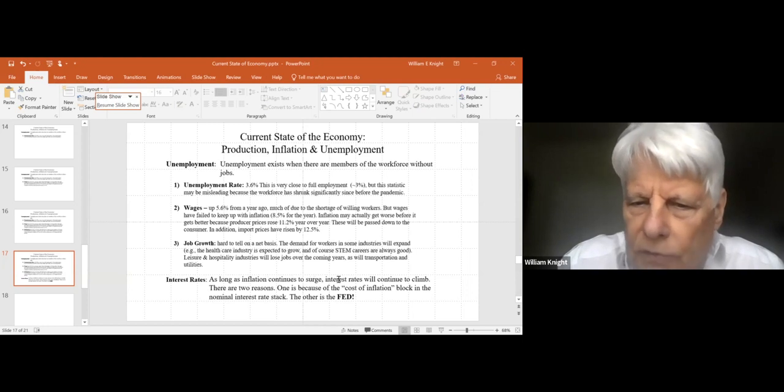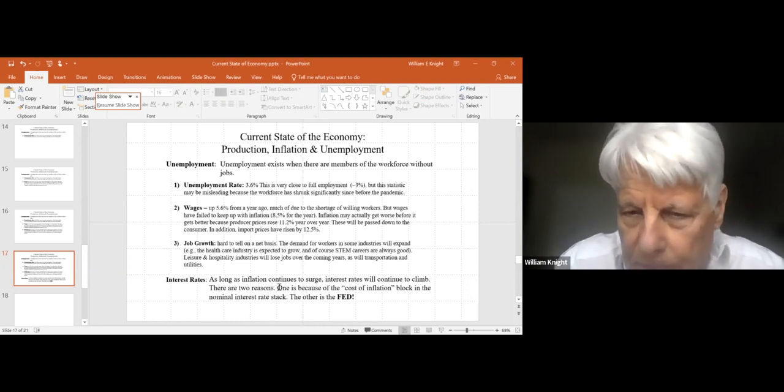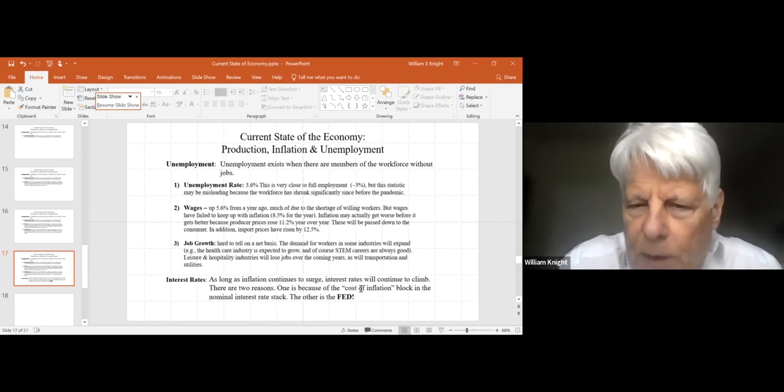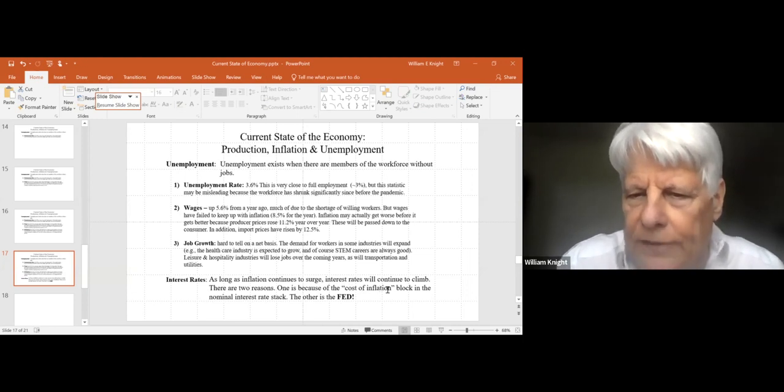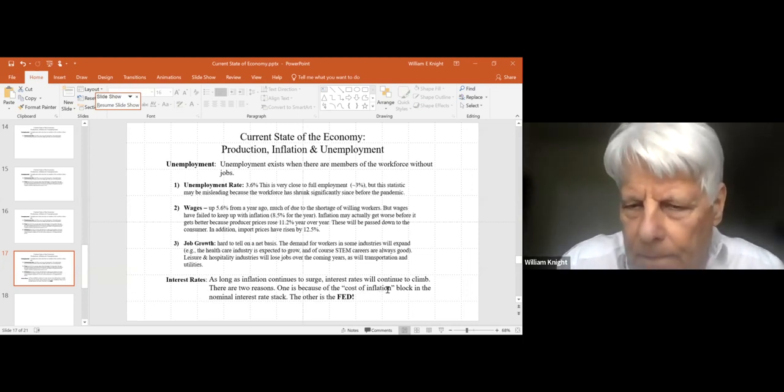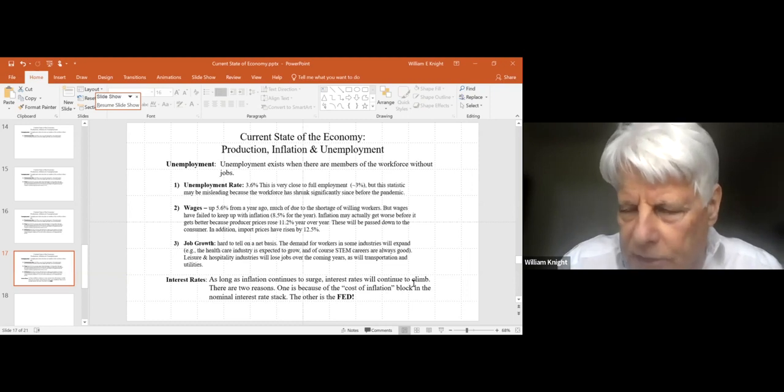So as long as inflation continues to surge, interest rates will continue to climb for two reasons. One is because of that cost of inflation block in the nominal interest rate stack.